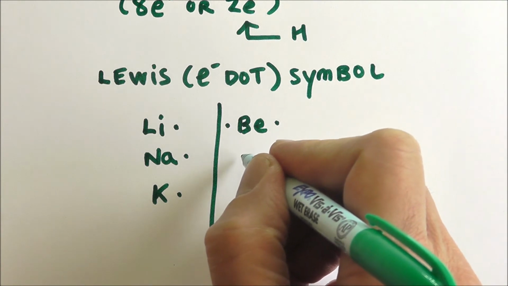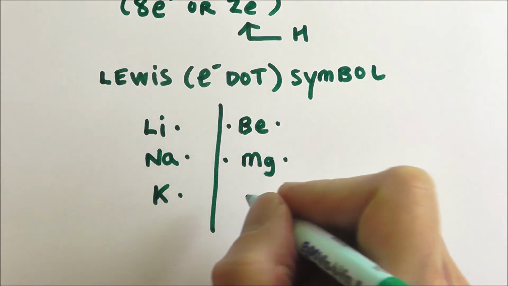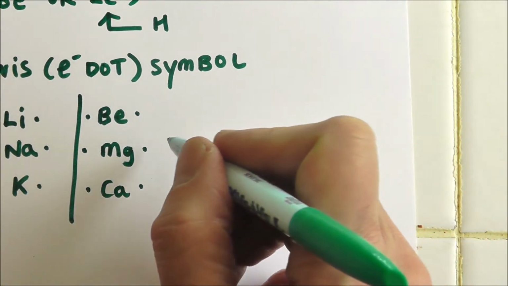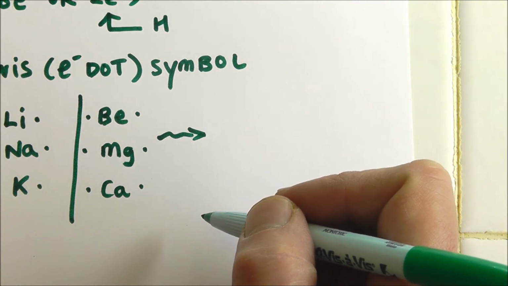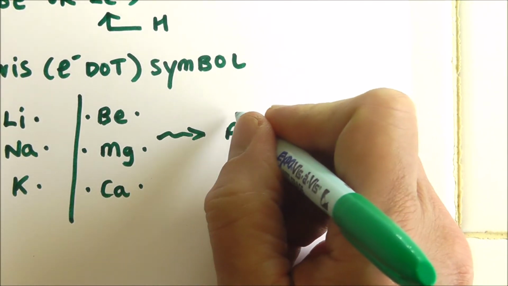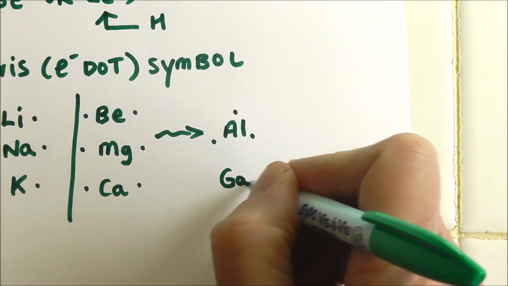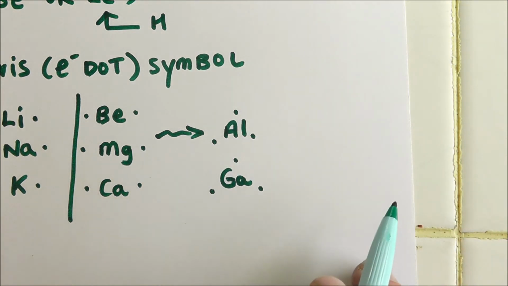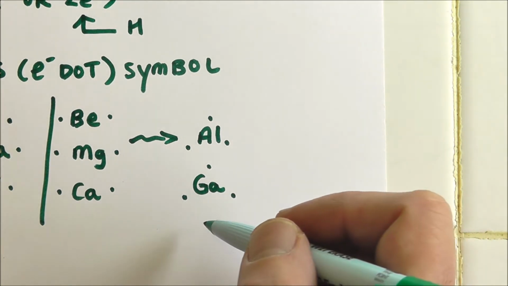Next to sodium is magnesium, and then we go down to calcium. Notice that the periodic table repeats itself as it always does. Skip all that chaos in the transition metals. We'll go over to group 3A, aluminum and gallium. Just as a matter of style, you keep the dots as far apart from each other as possible. I don't personally care where you put the dots, but that's just what you'll see.